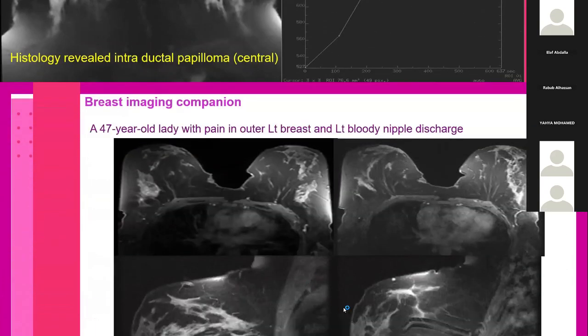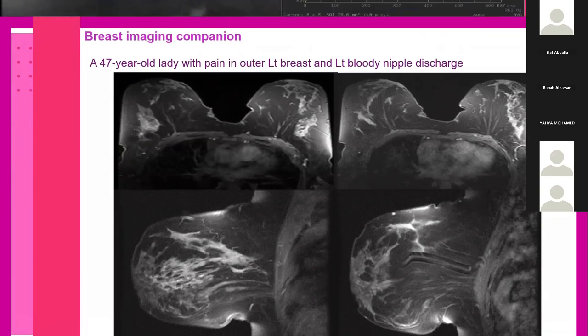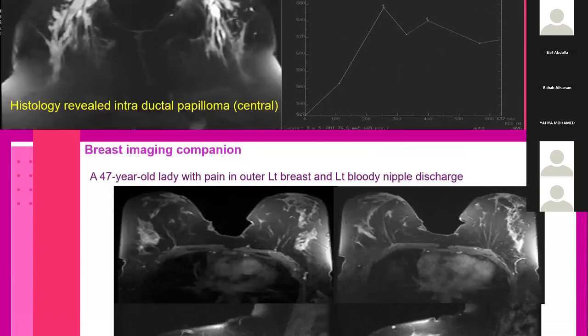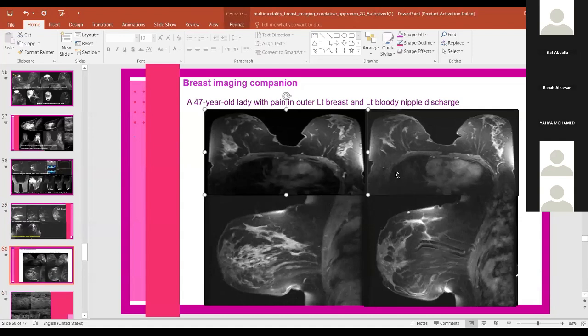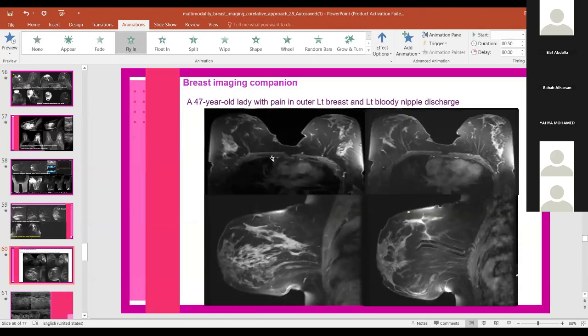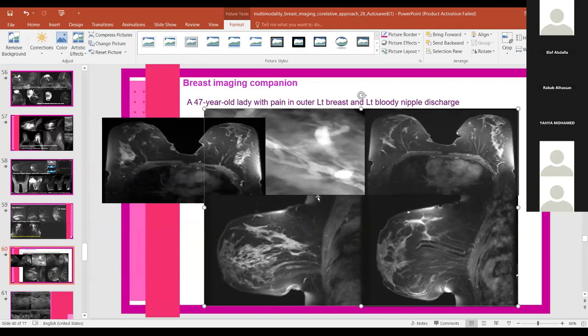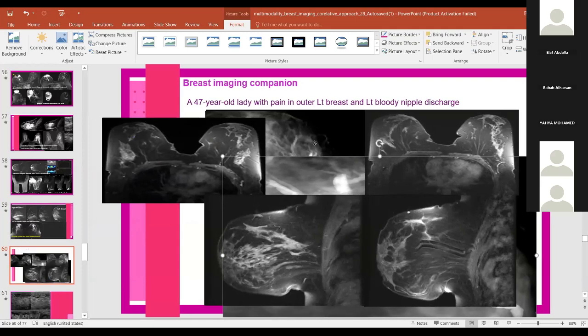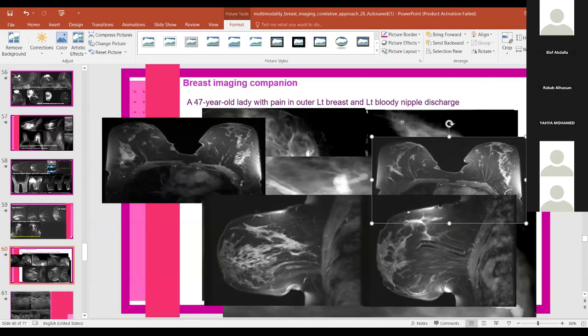The next case here, this one, we have to see the mammography, and I don't know why. The animation. Yes, sorry. Excuse me.